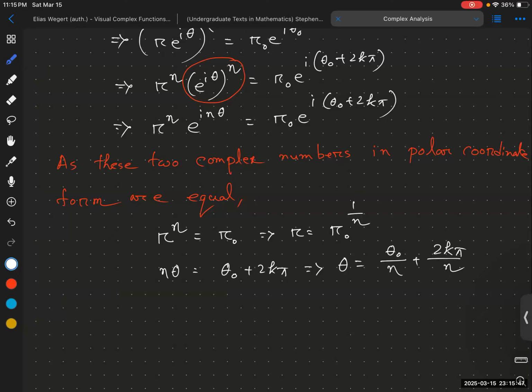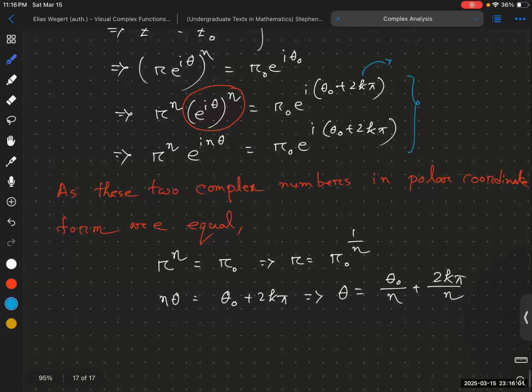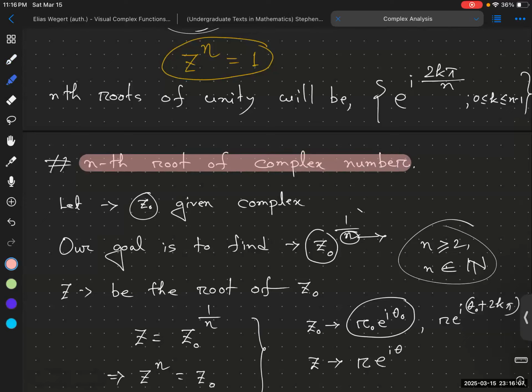If we look here, k can be any integer. It can be a positive integer, a negative integer, or even the neutral number 0. But here we want to find the nth root of a complex number, so we are concerned about n distinct roots.